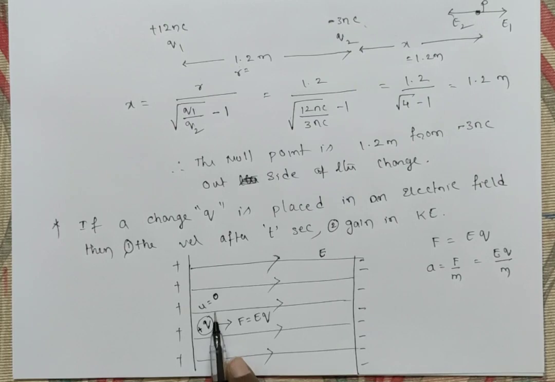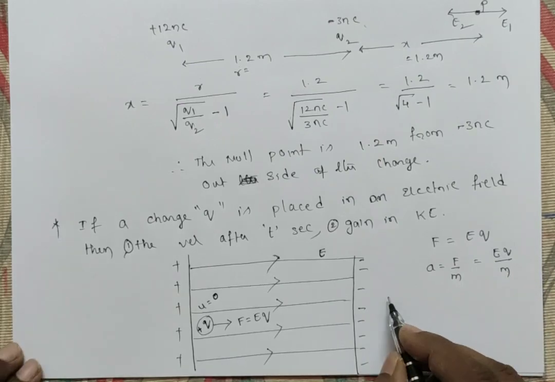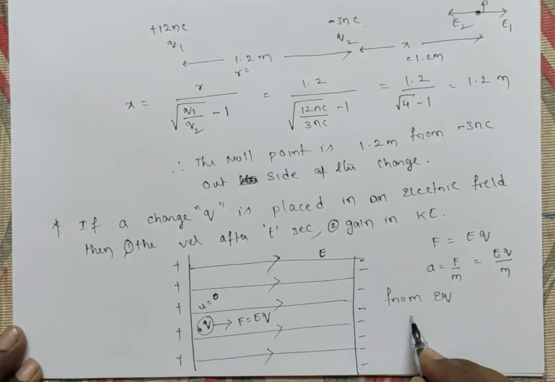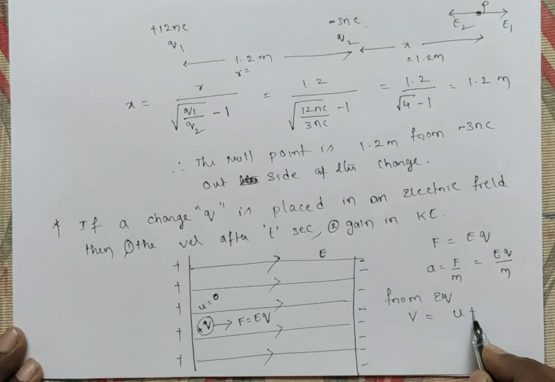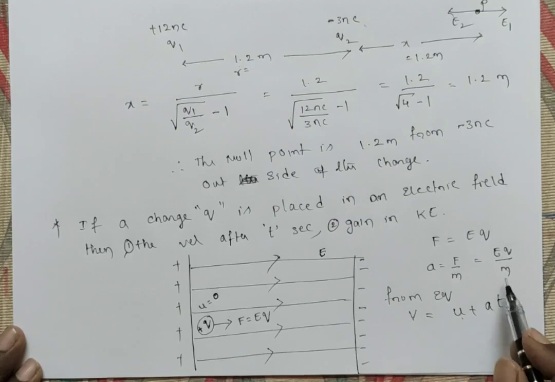Initially it is at rest, and from the equations of motion you learned in first year, v equal to u plus at. Initial velocity is 0, acceleration is EQ by m. So after t seconds, what is the velocity gained by it?